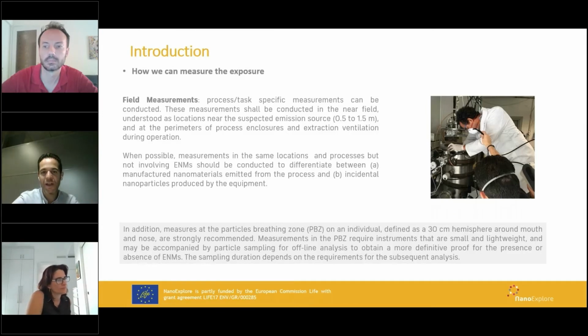At the end, the most relevant thing is to make a good planning of the campaign, sampling in the particle breathing zone, so close to the mouth, because we are trying to analyze the potential inhalation of the materials in the workplaces.